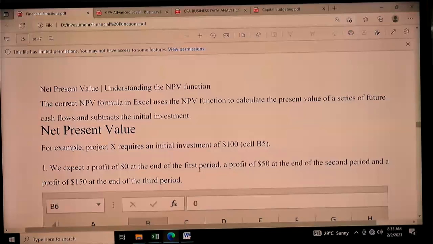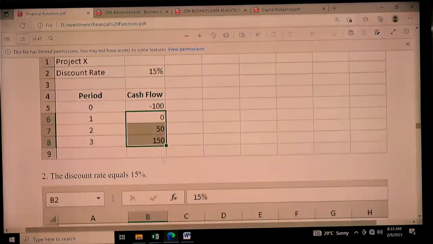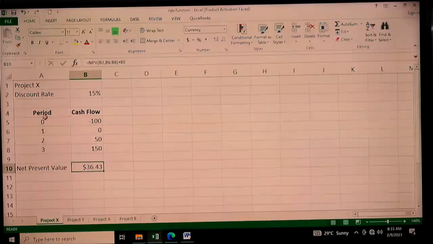So this is our cash flow, the formulated data that I have sent you already. That worksheet shows project X.